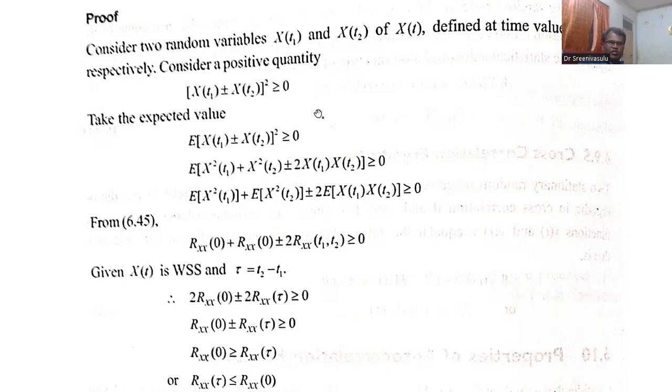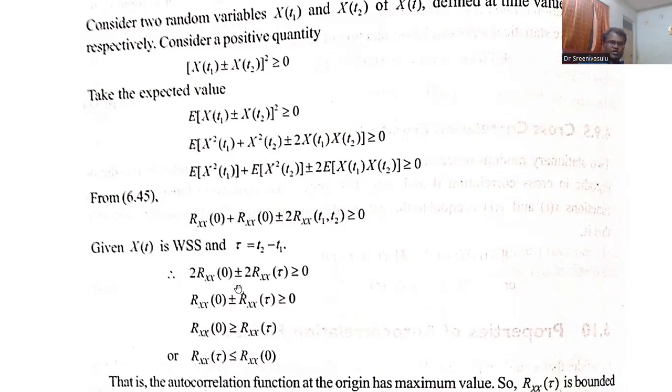Already we have seen the first property. Likewise for the other time instant, Rxx of 0, plus or minus the expected value of x of t1, x of t2, which is Rxx of t1, comma t2, nothing but Rxx of tau. So 2 Rxx of 0 plus or minus 2 into Rxx of tau is greater than or equal to 0.